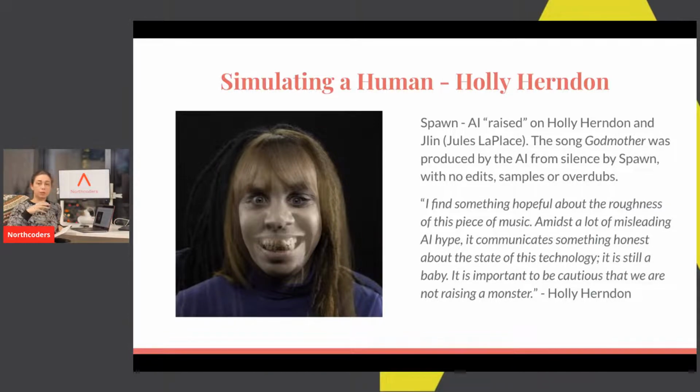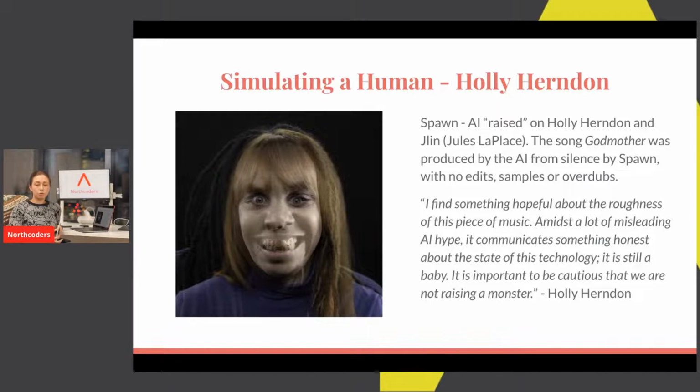Now, these are not necessarily mimicked, but these are inspired by another artist, Julie Laplace. And the song Godmother has been the one which has been highlighted as the ultimate creation of this Spawn AI through being raised on the songs from Julie Laplace.